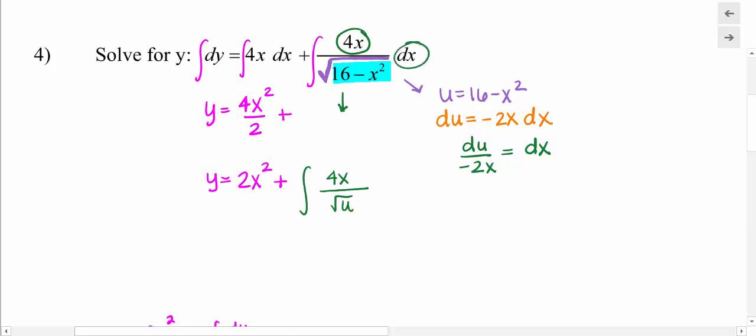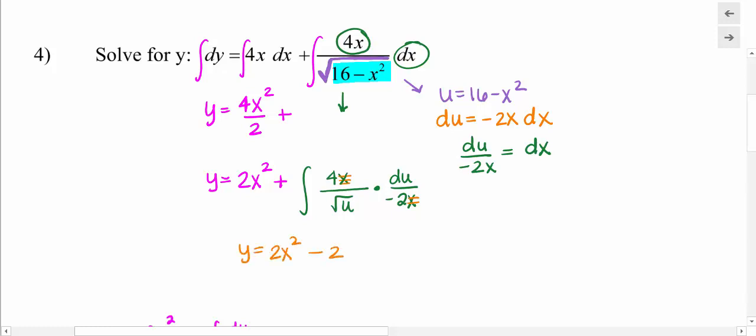And then times dx, and our dx is du over negative 2x. And again, if you're going to look at that negative as a subtraction, you definitely want to use parentheses to help you out. So what I'm going to do instead is say x divided by x is 1. 4 divided by negative 2 is negative 2.